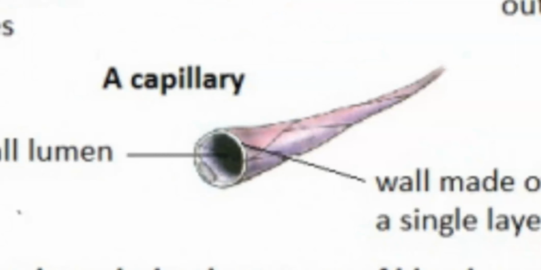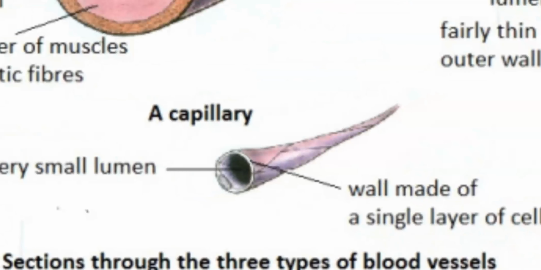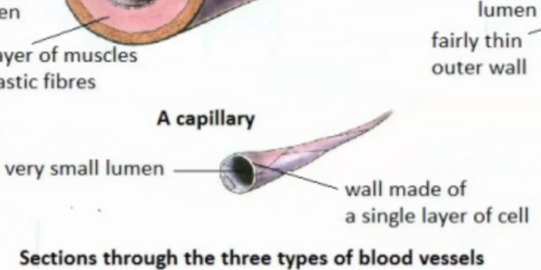A very narrow lumen surrounded by a single layered wall where mainly the cells are squamous endothelium cells with a basement membrane. That actually permits the capillaries to carry out exchange of materials with the surrounding.